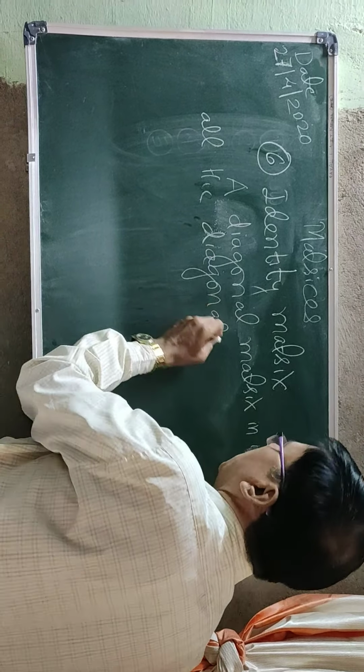For example, the identity matrix is denoted by I.